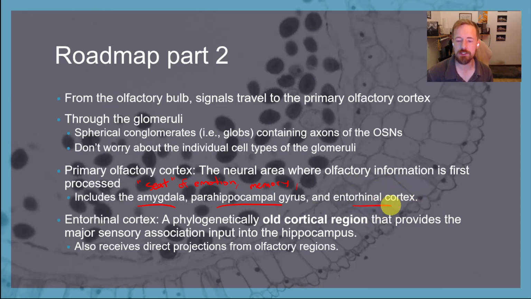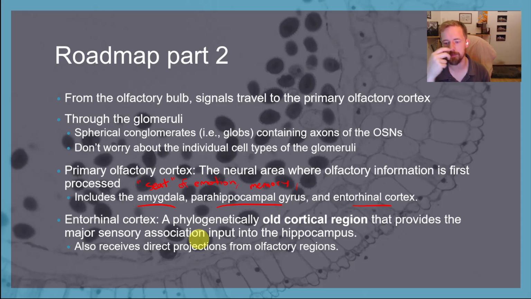And then we have the entorhinal cortex, and I feel like it's not one that I was as familiar with. It doesn't come up in other areas of psychology the same way that the amygdala and the hippocampus do, or the parahippocampus. I should be specific about that. The entorhinal cortex is a kind of evolutionarily old, ancient area of our brain.